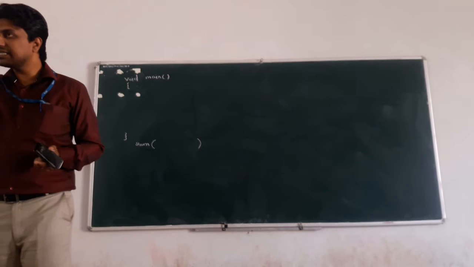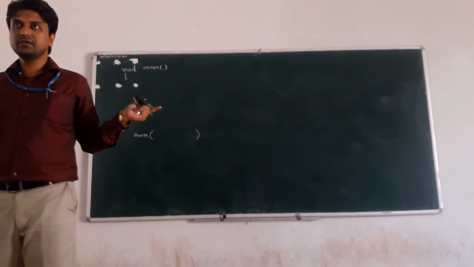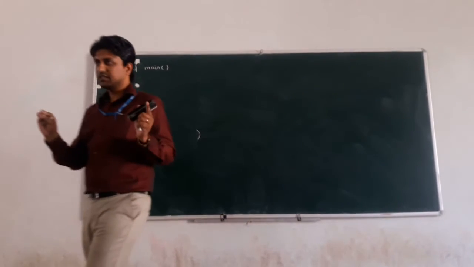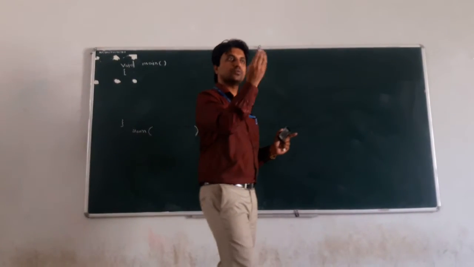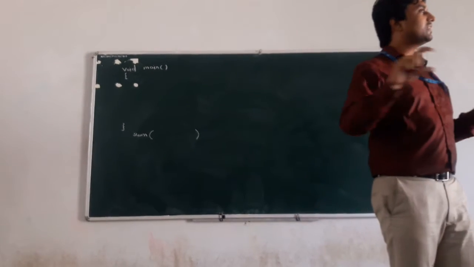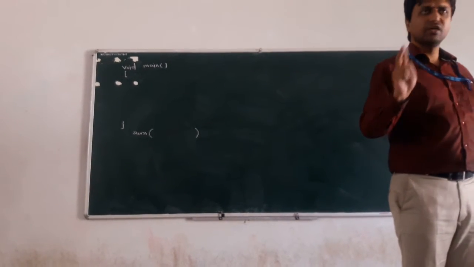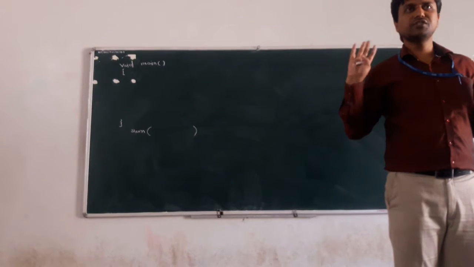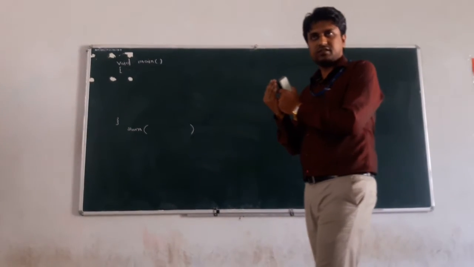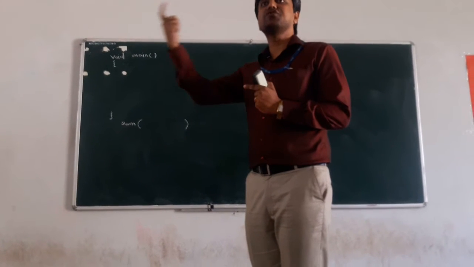Main does not pass any argument to the sum function because of the discussion. What is the discussion? Sum function, you have to take two values from the user, make the addition of those two numbers and display that addition. Don't return anything to me. It's your responsibility. That is the discussion between two functions, or it is a requirement from the end user.